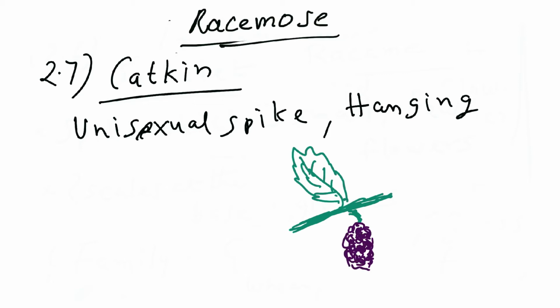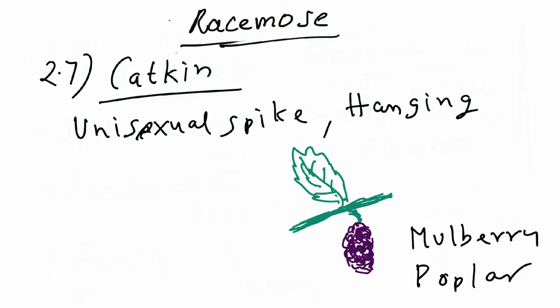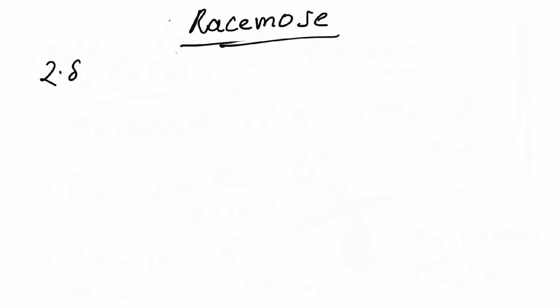And from the diagram itself, we can easily see that it's hanging. So that's one of the characteristic features of the catkin inflorescence. So once again, note the point that catkin is a spike-like inflorescence. The only difference is that the flowers are unisexual.